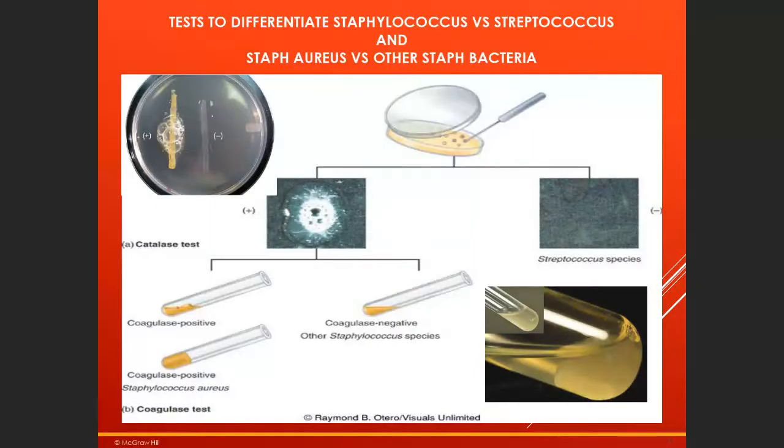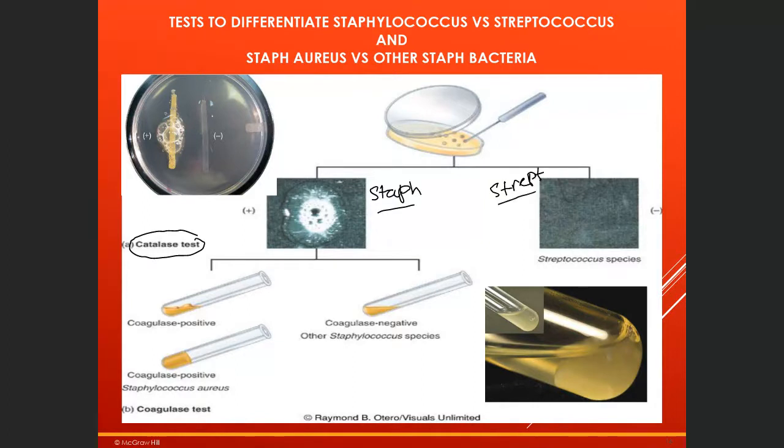This is how to identify Staphylococcus and also distinguish it from Streptococcus. The first test used is the catalase test, and this test distinguishes between staph bacteria and strep, or streptococcus, bacteria.